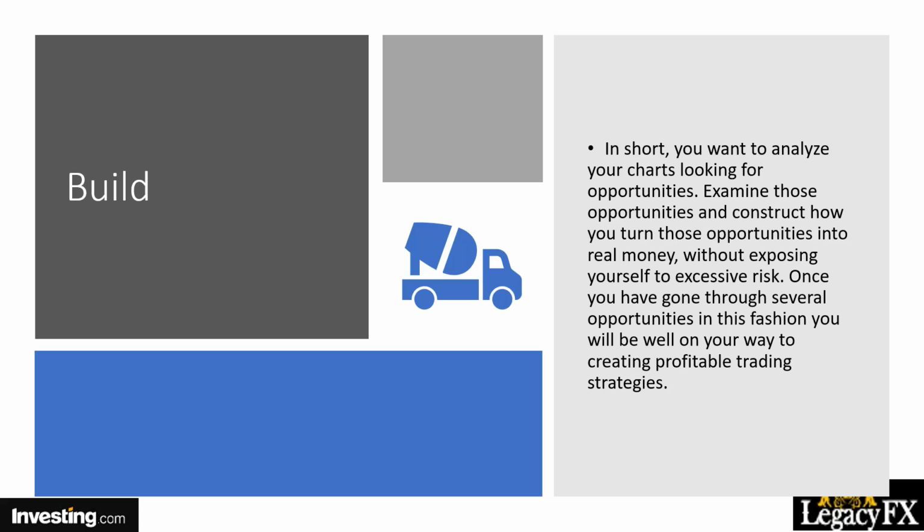I say, okay, what would I have needed to do to have actually seen the possibility of this move? So we want to examine those opportunities and instruct how to turn those opportunities into real money without exposing yourself to excessive risk. And this is one of the most important parts, because you know what?